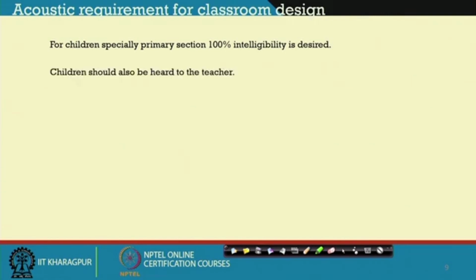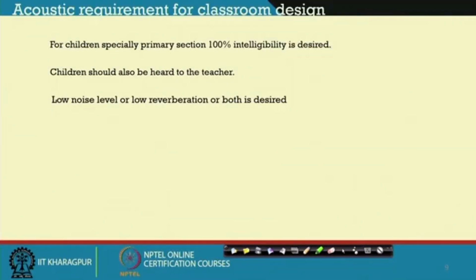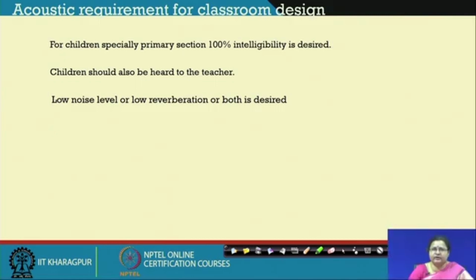And the children at the receiving end should also be heard by the teacher, so that there is good communication between the teacher and each individual child sitting scattered in the classroom. That is the primary part, and low noise level and low reverberation time, if not both, are desired in classroom designs, particularly for primary children.